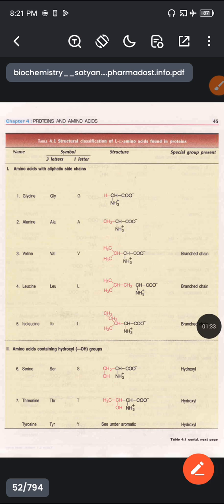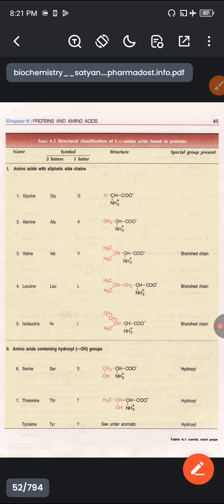So class, these are the classifications of amino acids based on their structure. The first one is glycine, second is alanine, third is valine, and leucine, and also isoleucine.